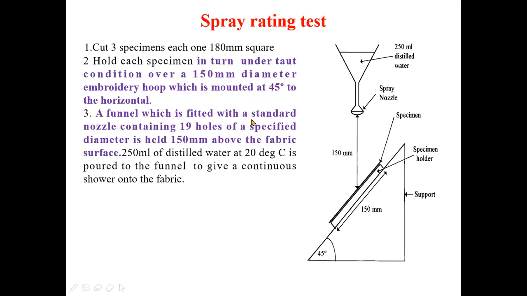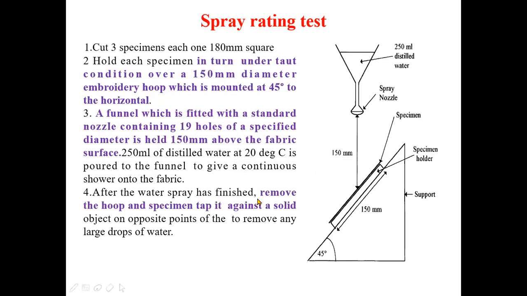Next, the funnel, which is fitted with a standard nozzle containing 19 holes. I have already discussed in detail the different types of nozzles, their arrangement and their dimensions. And this funnel is filled with 250 ml of distilled water at 20 degrees centigrade.